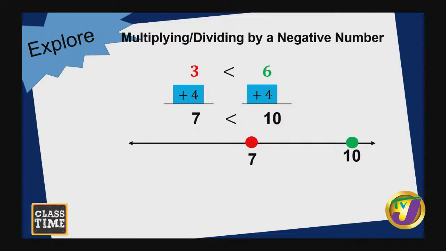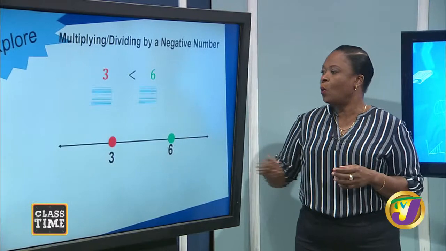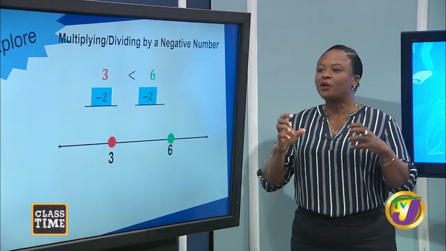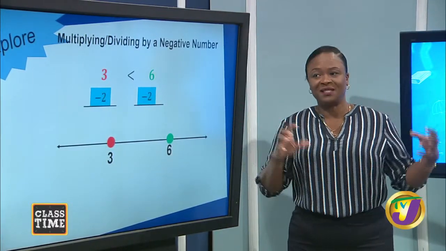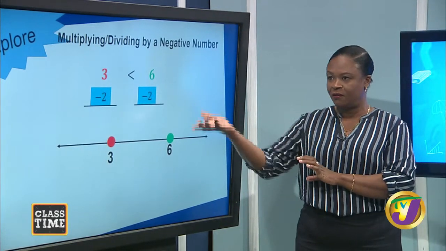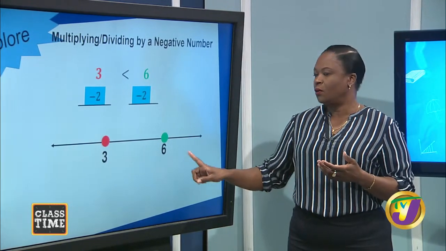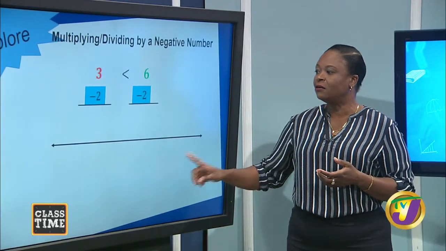What if we were to, again, representing the 3 is less than 6 on the open number line, subtract 2 from both sides, both left-hand side and the right-hand side of the inequality? Of course, our answers would now become 1 and 4.